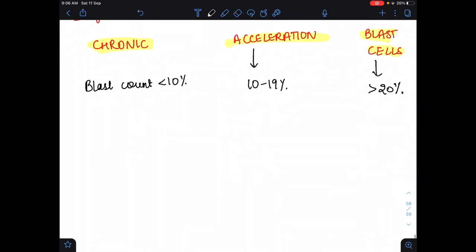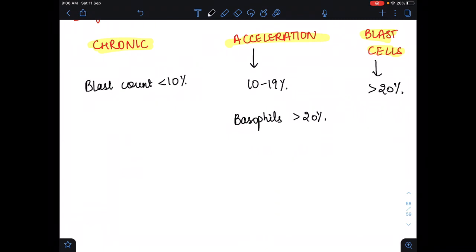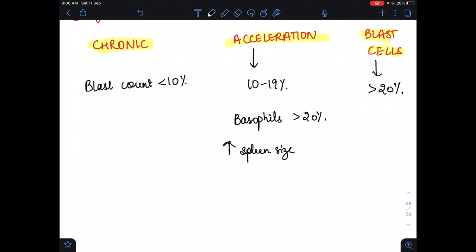Also in the accelerated phase, we see that the basophil count increases to more than 20%, and the spleen size also increases.